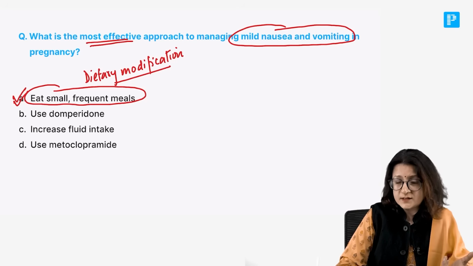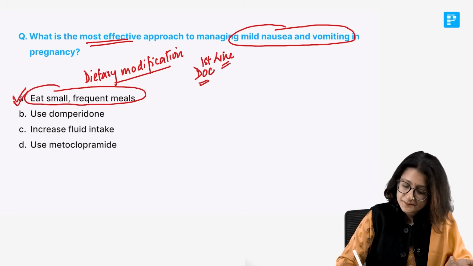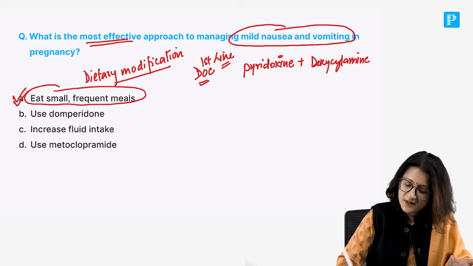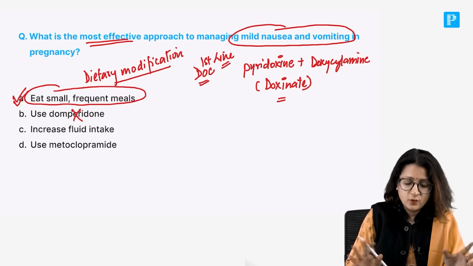If by chance we need to give drugs, then the drug of choice, the first line drug that we can use is pyridoxine plus doxylamine. Okay, it comes under the trade name Doxinate. This is what we often prescribe. Domperidone we don't use.